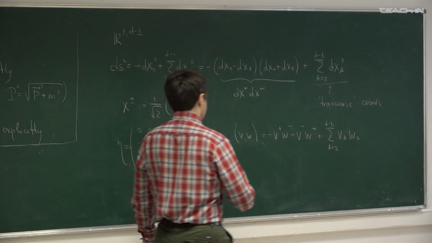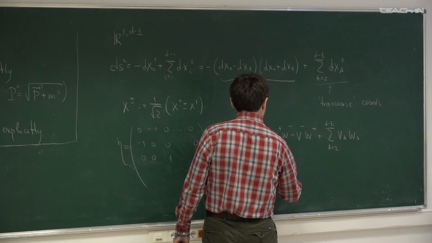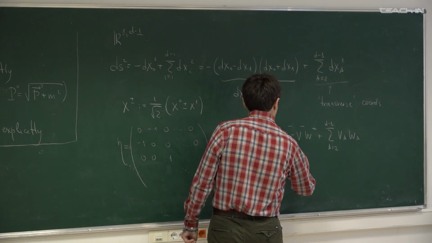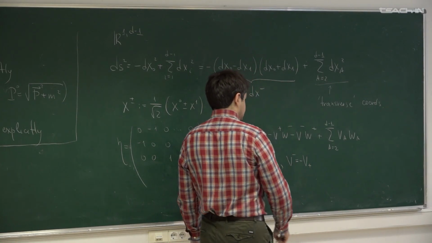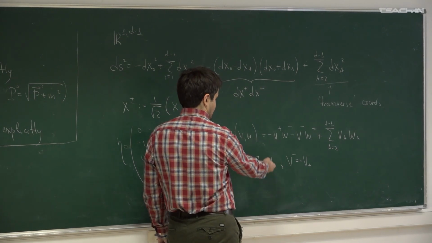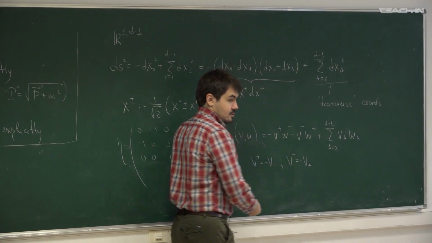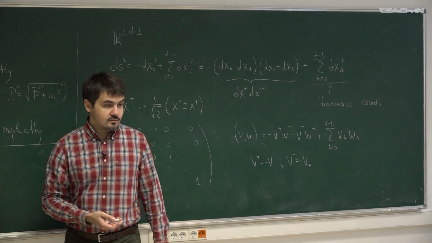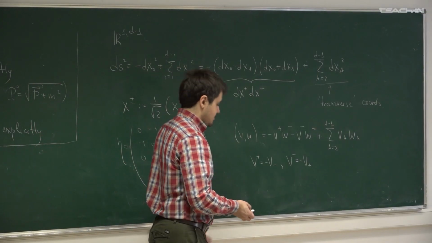So, for example, V plus is minus V minus, and V minus is minus V plus. We will use both upper and lower indices, and there is a difference whether you have indices upstairs or downstairs, so there are some minus signs, and one has to take care of that.